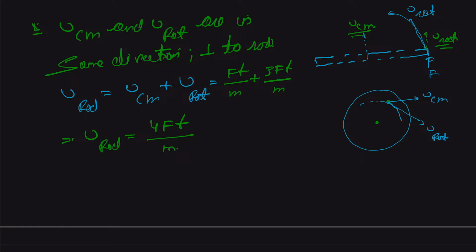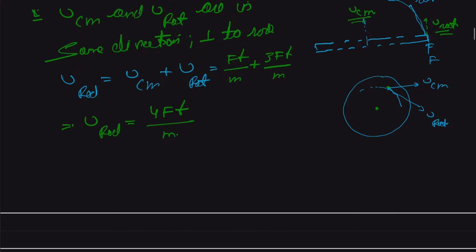And because this force is applied for a fraction of a second, that is, the time is very small, for that time we can assume that it is having a constant acceleration.